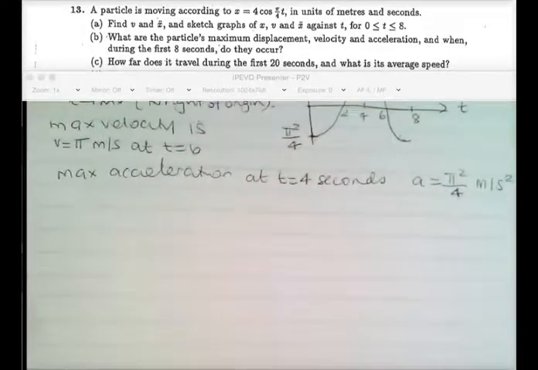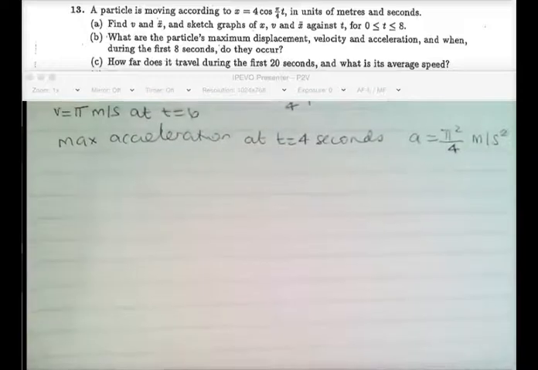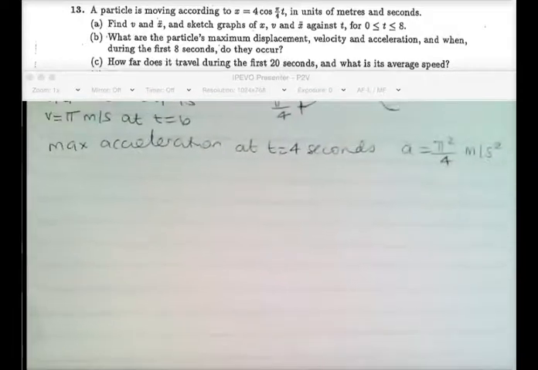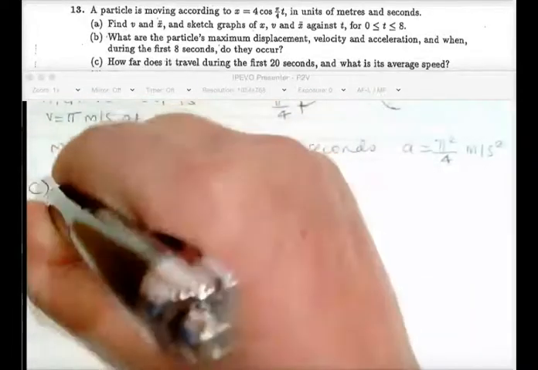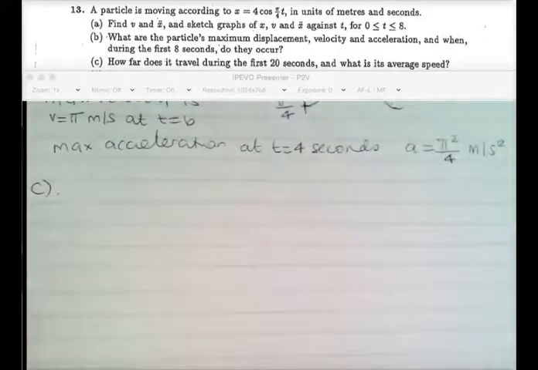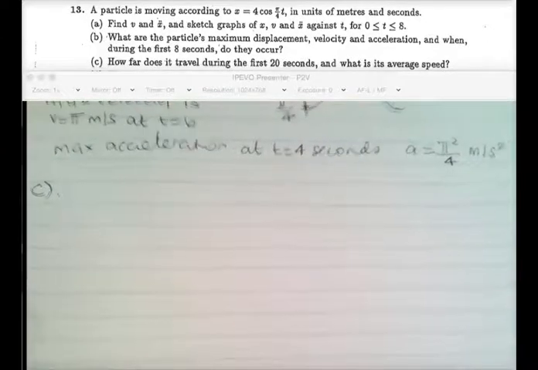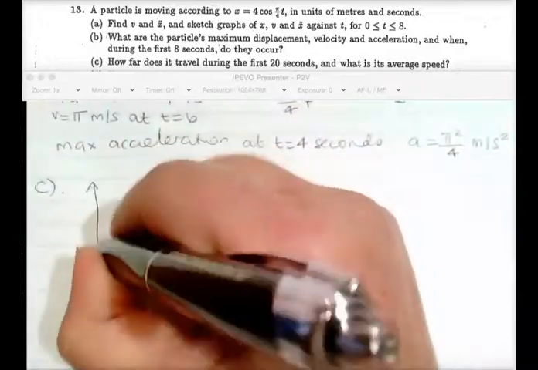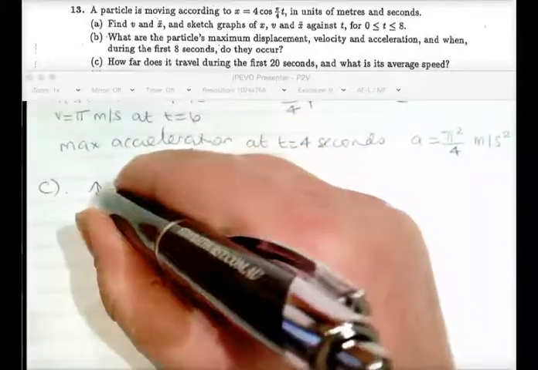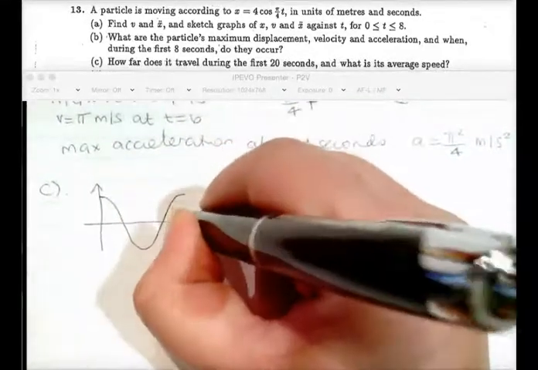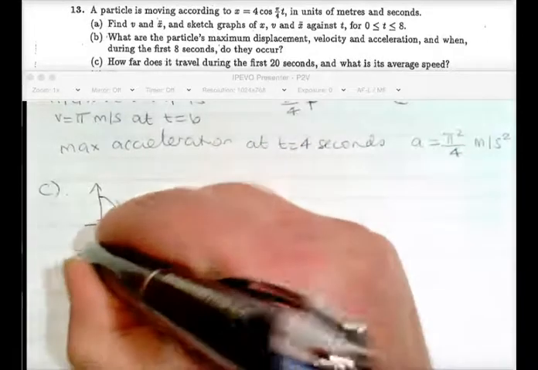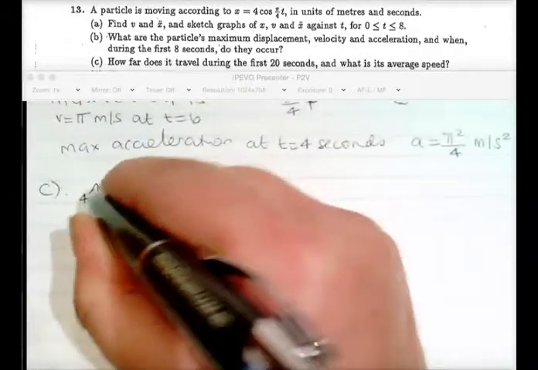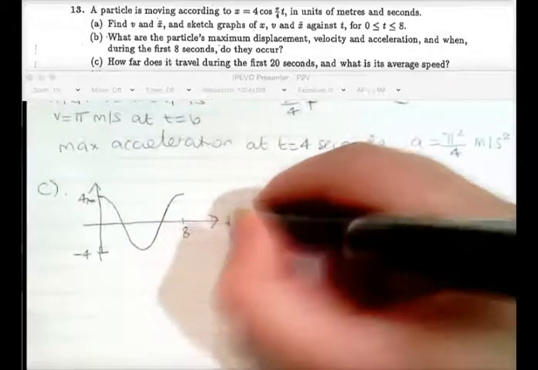Okay, now for the next question, part C, it says how far does the particle travel in the first 20 seconds? Now, if we look at the graph, actually I'm going to draw it down here. So this is what we've got, 8 seconds there, -4 and 4 meters, and that's time.